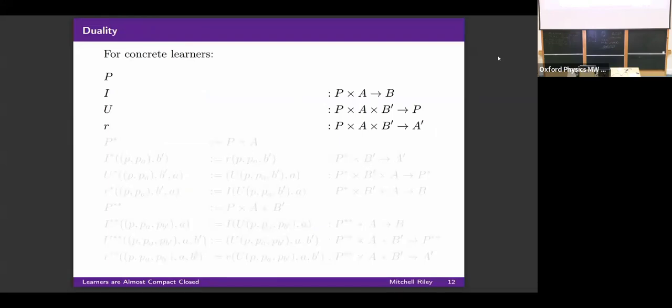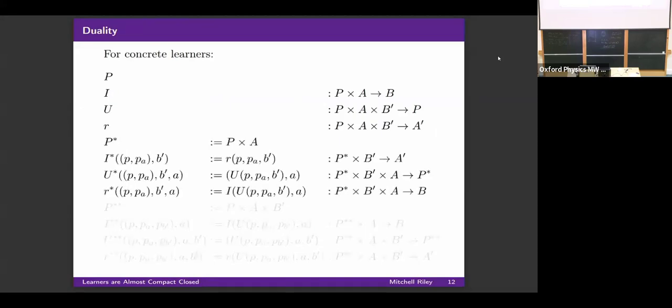So I know it's a lot of symbols, but I'll just try and explain it. This is just what you get by working through it. There's nothing magic happening here. We start with our original learner up here. We do the dual once. The new parameters are the old parameters cross A. And then if we want the implementation function, we have exactly the data we need to feed it into the response function from the original learner.